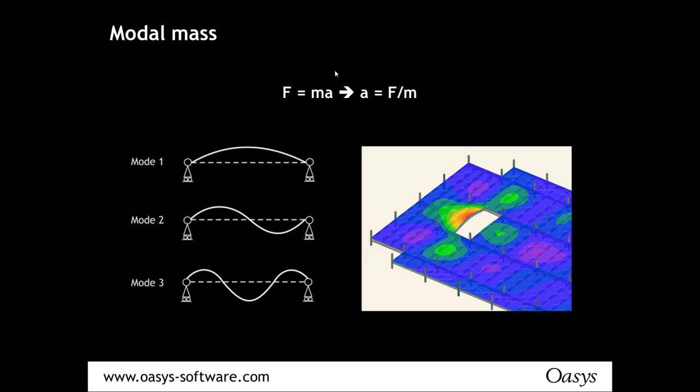For example, long span floors tend to have quite a low natural frequency, but because they're long span, they've got quite a high modal mass, and therefore resist the accelerations from the footfalls. Conversely, short spans tend to have a high natural frequency, therefore less likely to resonate, but they have a low modal mass, and therefore when they do resonate, they will tend to have a high response value. Likewise, you get isolated bays, such as you see in the diagram there.